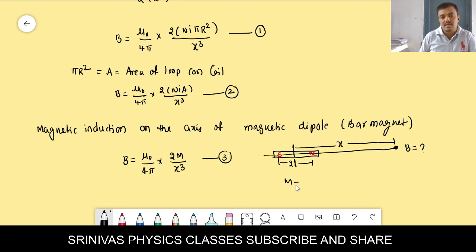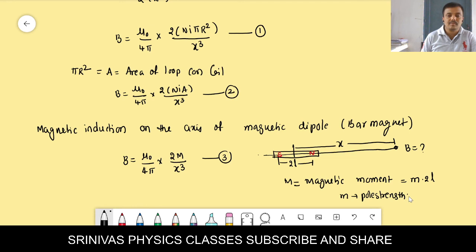Previously, in the last chapter, we learned the formula for the magnetic moment: small m into 2L, where small m is the pole strength and 2L is the dipole length. Right? 2L is the dipole length.